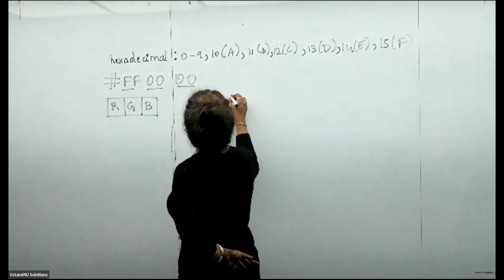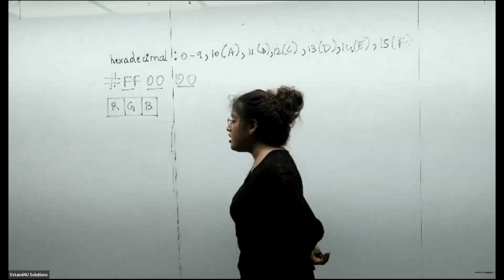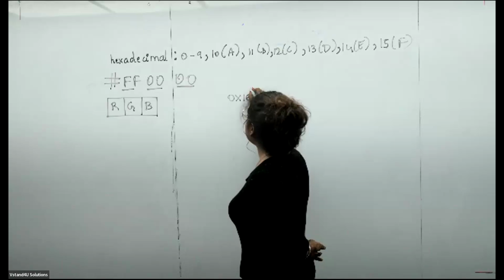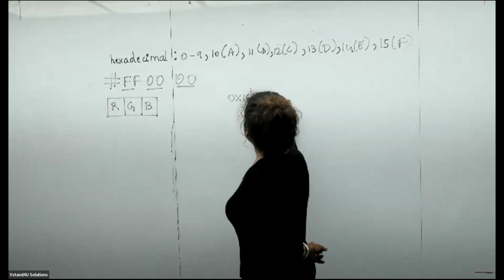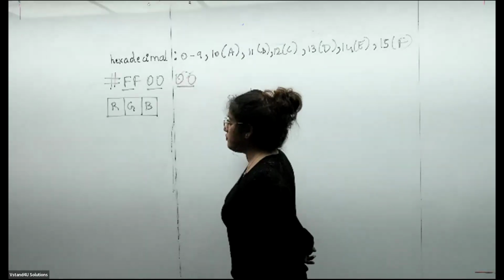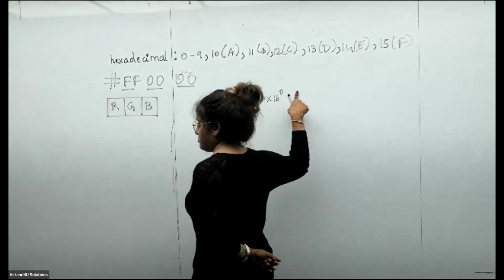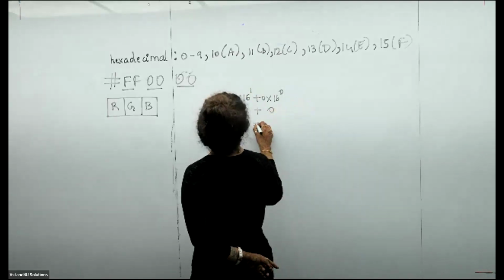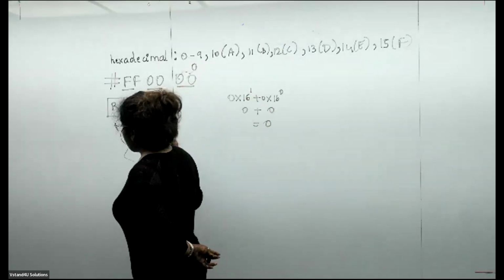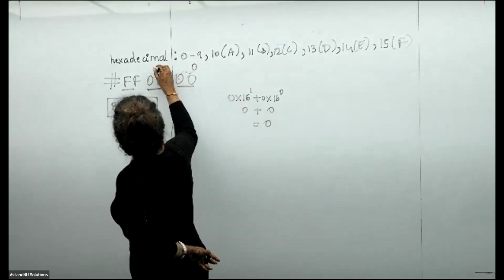I will take 0 into 16 to the power of 1 plus 0 into 16 to the power of 0, since hexadecimal ranges from 0 to 15, which is 16 numbers. 0 into 16 to the power of 1 is 0, 0 into 16 to the power of 0 is 0, so 0 plus 0 is 0. For this one you got the value 0. Again, for the 2 more zeros, calculated again, it will be 0.